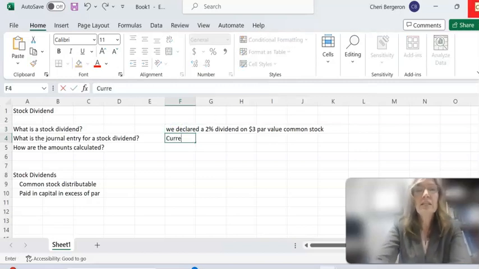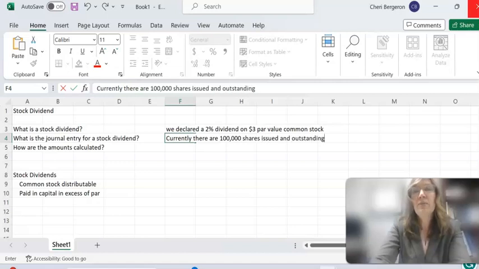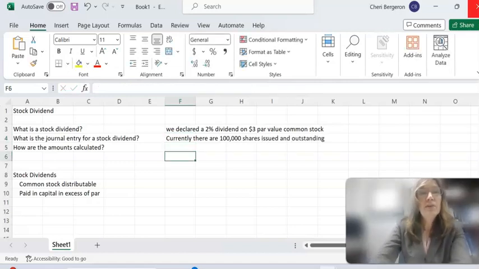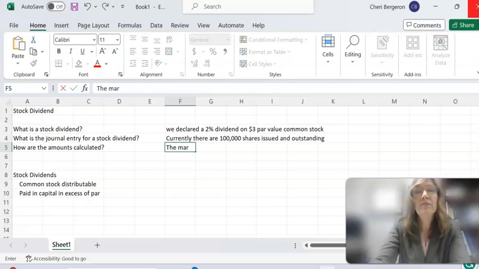There are currently 100,000 shares issued and outstanding. And you'd have to be told the market value too. The market value is $6 per share.